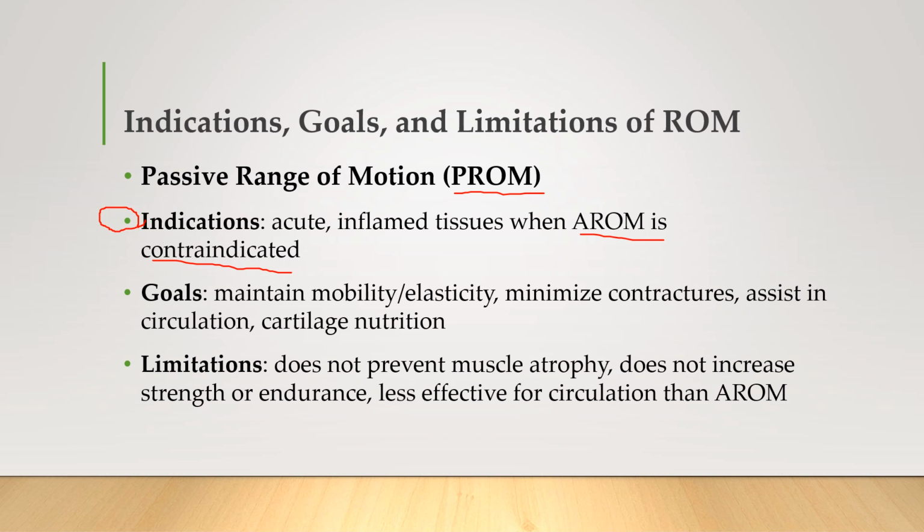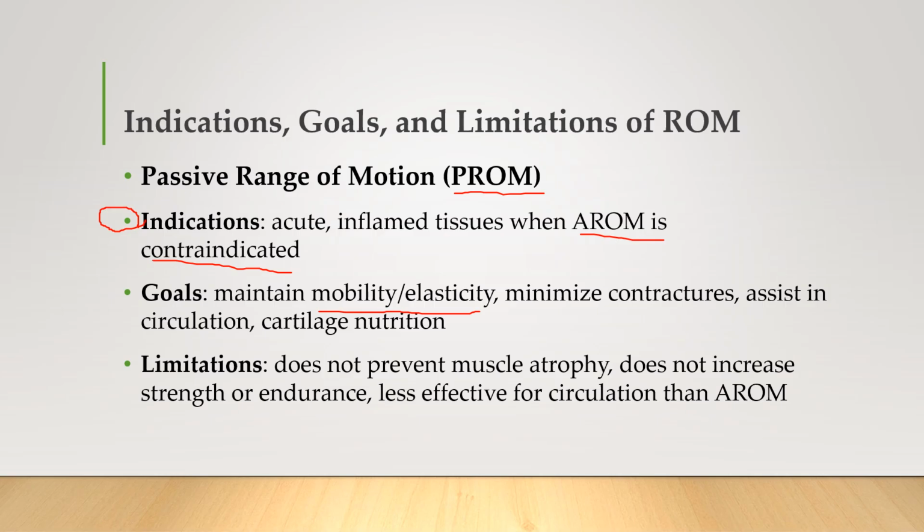Okay, so if that's the case, but we still want to maintain elasticity as one of our goals, then we can use passive range of motion in what we call protected ranges. So I'll give you a little bit of an example here for something like a shoulder, a total shoulder arthroplasty. So at times we can use passive range of motion in the early phases, but it's going to be a protected range.